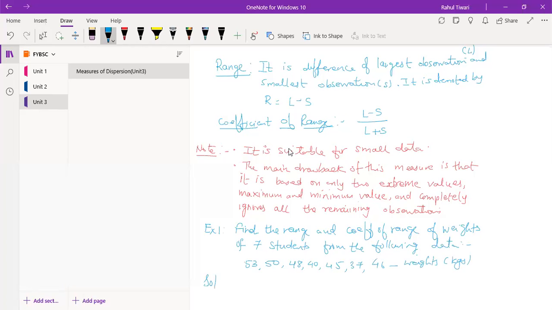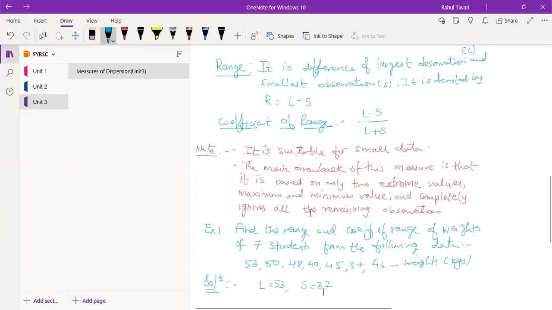So use the concepts. What is your largest number here? Can you tell me, anyone? Largest means bigger number. 53. What is the smallest number? 37.